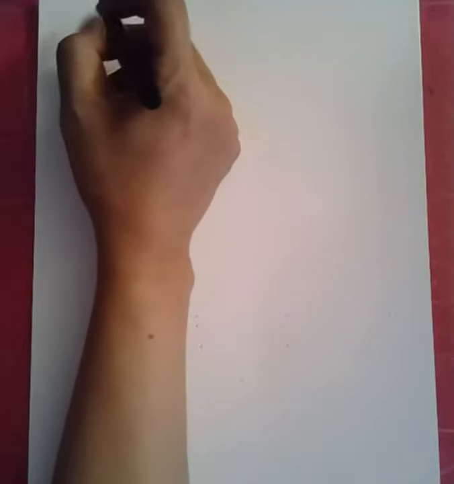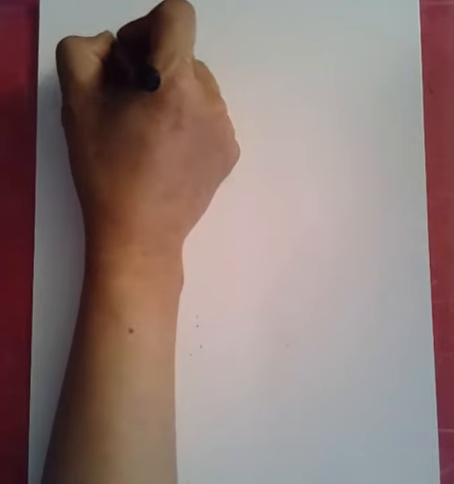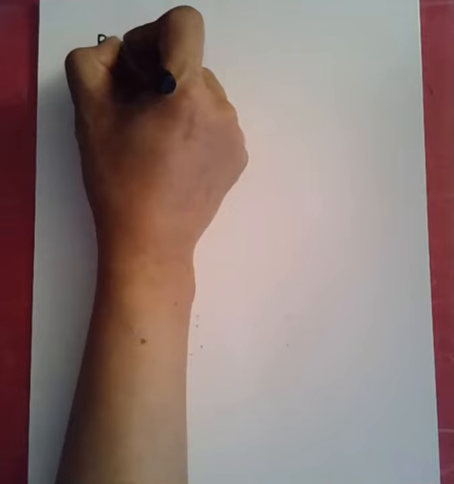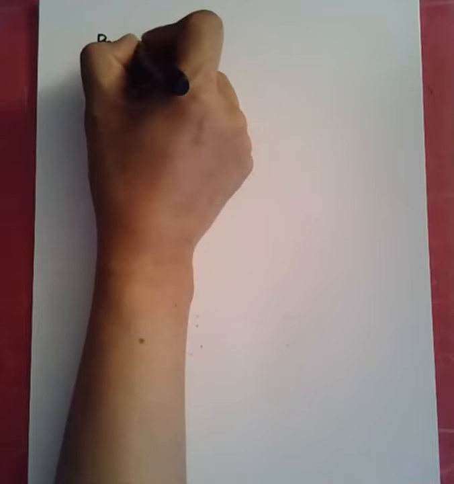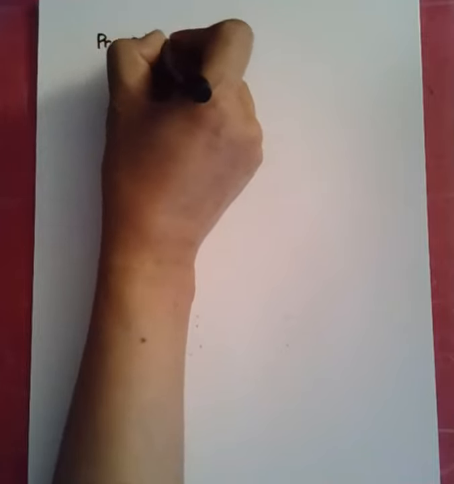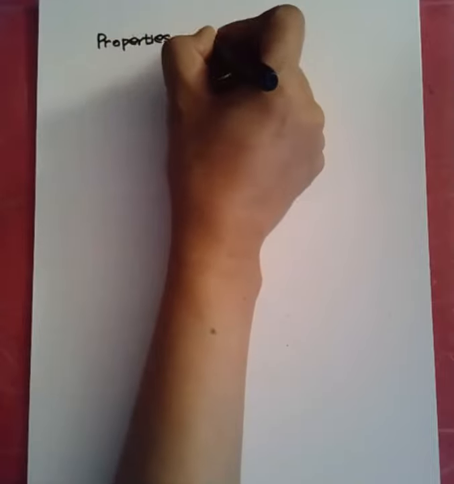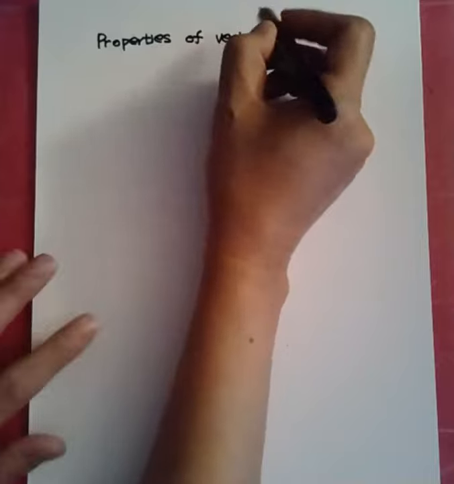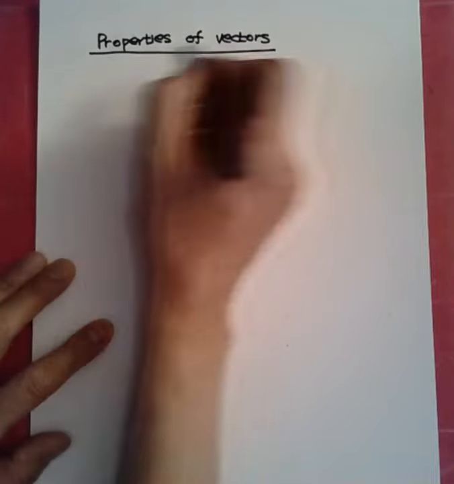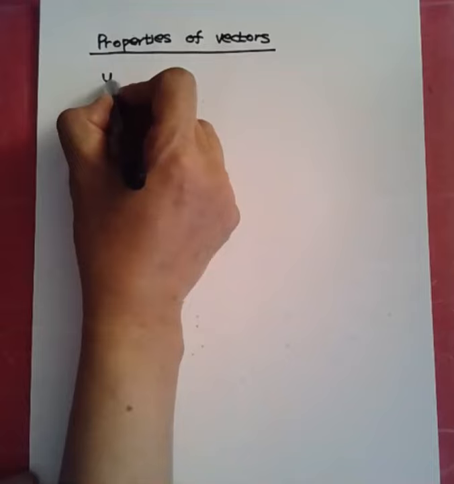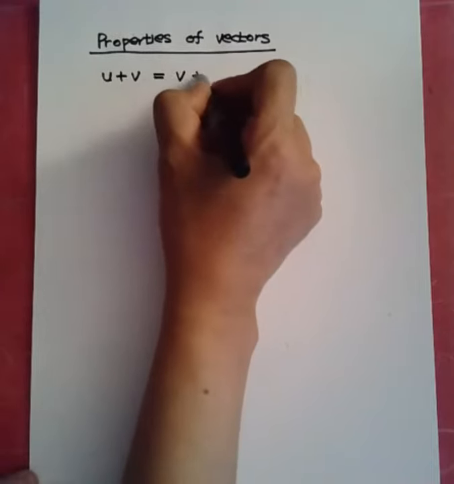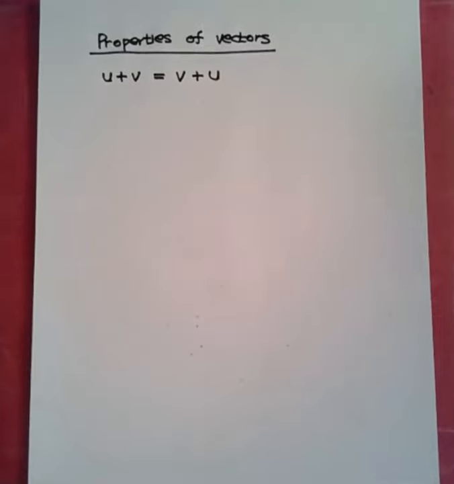We defined the algebraic operations among vectors, so we can discuss the properties of vectors. If we add two vectors, then we can switch the order of operation.